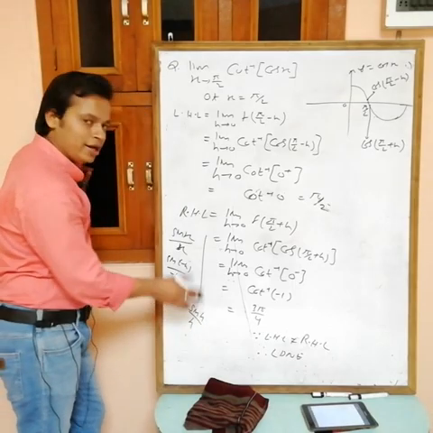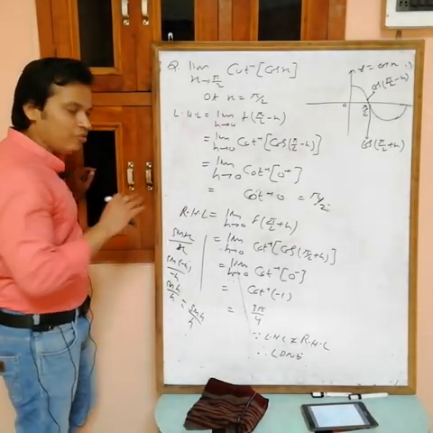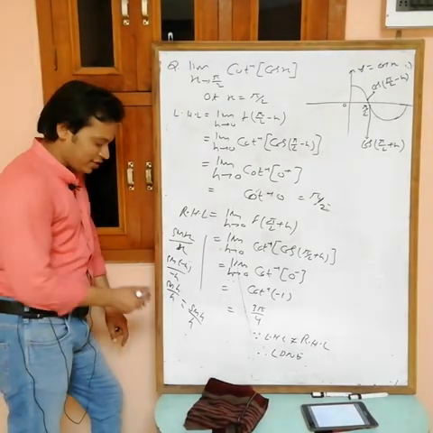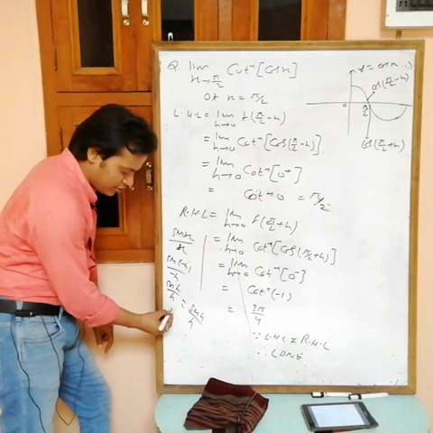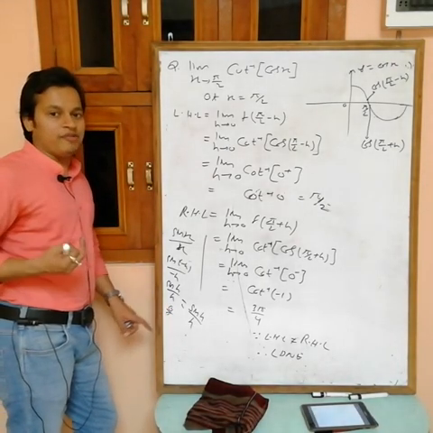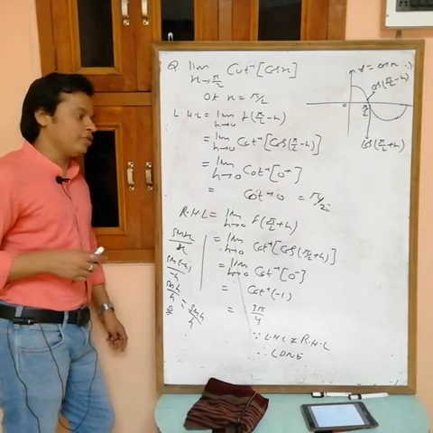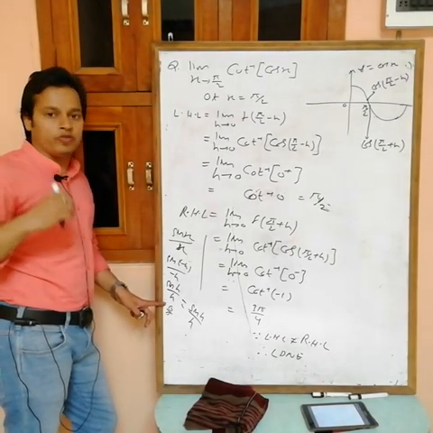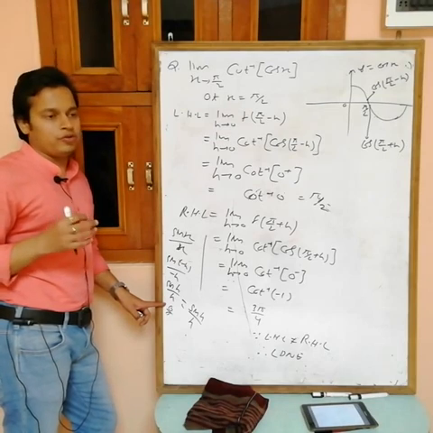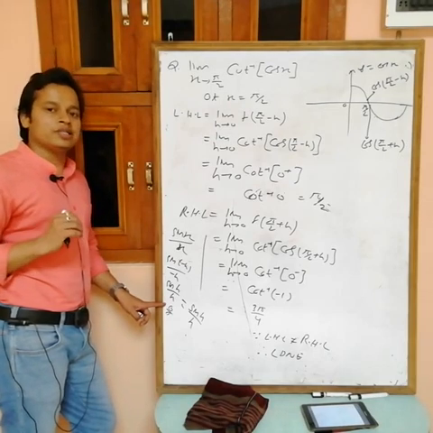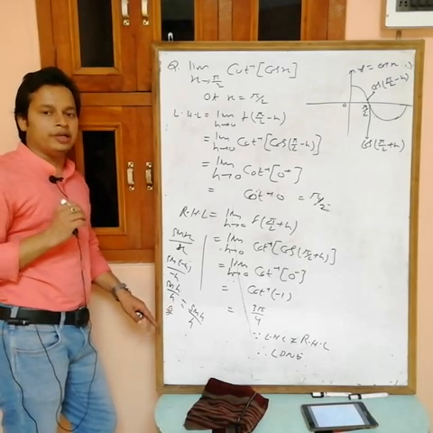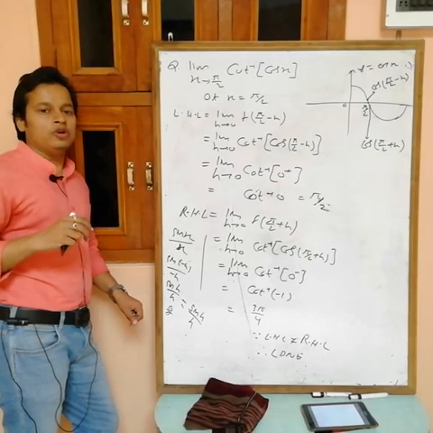Now see, LHL and RHL are both the same, but you can't directly find the value, because at the end if you put h equals 0, what do we get? Sin 0 by 0, the 0 by 0 form. You can't decide the value of this; it is not a finite value. This is known as an indeterminate form, a form whose value we can't decide. Like 0 by 0, we have a total of 7 indeterminate forms. We will discuss 0 by 0 tomorrow.